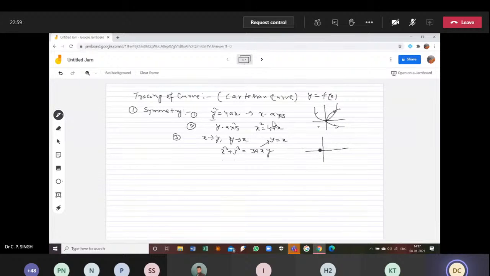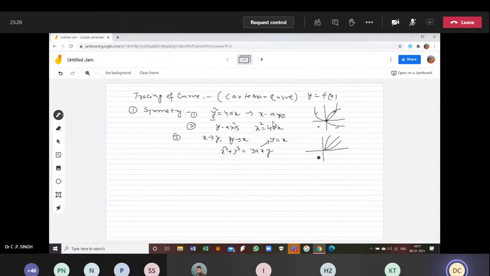How will you find this out? The y is equal to x line is this one. Okay, so if any curve is below this line y is equal to x, then due to the symmetry about y is equal to x, this curve will be symmetrical like this one.